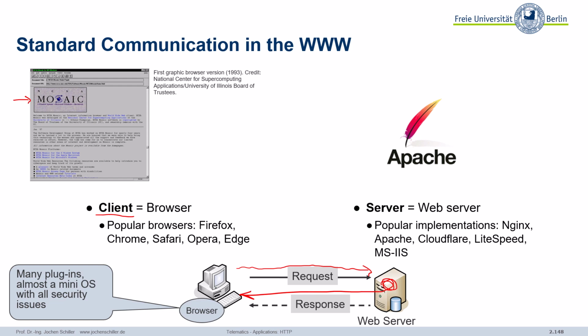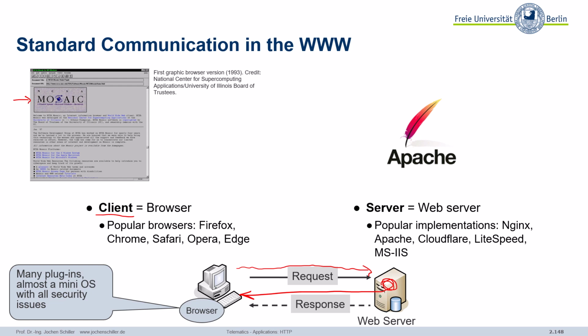So different servers, and then they will do something and respond. We'll have a closer look at how this looks. So, classical client-server scenario, very standard. Additional modules and helpers are there, and we have certain security issues there. And today we can say browsers are something like a mini operating system running within the operating system of the host machine.